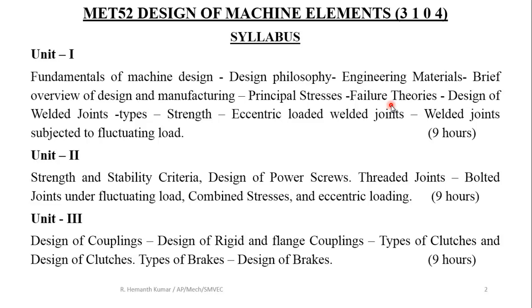Like that, we will be finding various stresses according to the failure theory. We will apply this failure theory to find out at what point the failure will occur. So we will be discussing these concepts in the first half of the first unit.